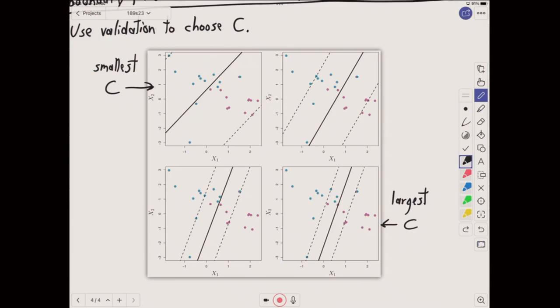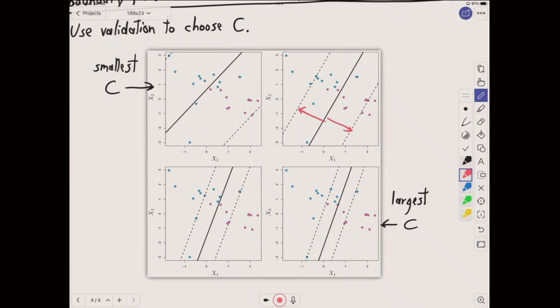What you can expect to see is that the smaller C is, the bigger the margin is. So in the first diagram, you can see we have a pretty extreme margin. The margin is so wide that almost all of the training points violate that margin. And that is what will happen often if you choose C really small: it just doesn't care about violating because C is so small. Then, you make C a little bit bigger, and it starts to reduce the number of points that violate the margin.